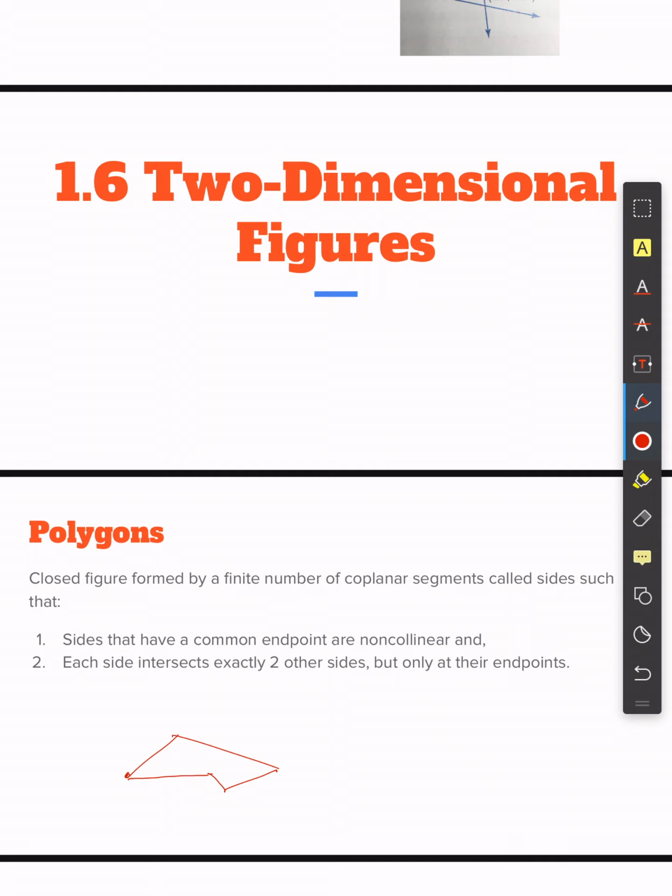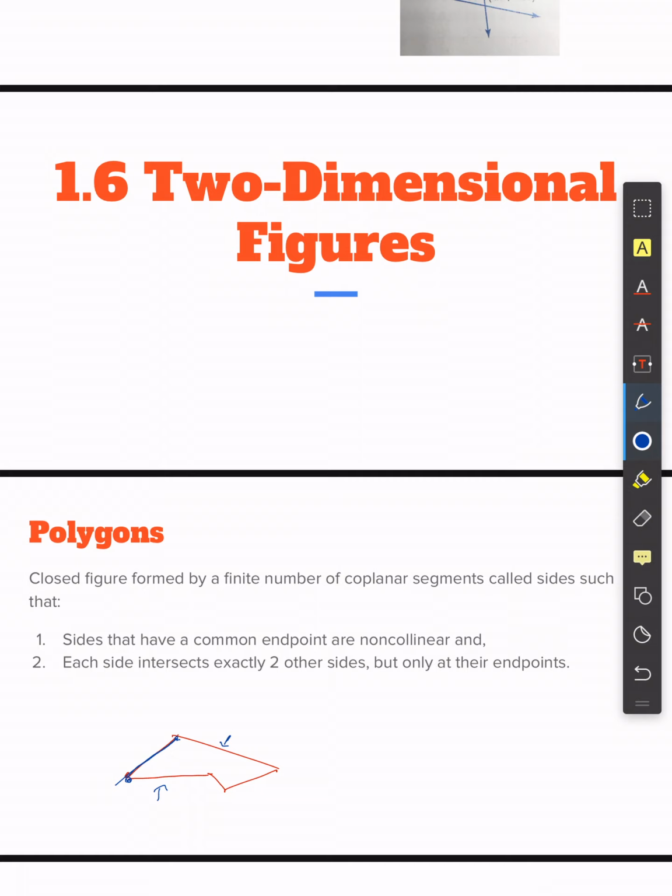If I look at this side here, it intersects exactly two other sides, being this one here and this one here, and only at their endpoints. Okay, so endpoint here, endpoint here.